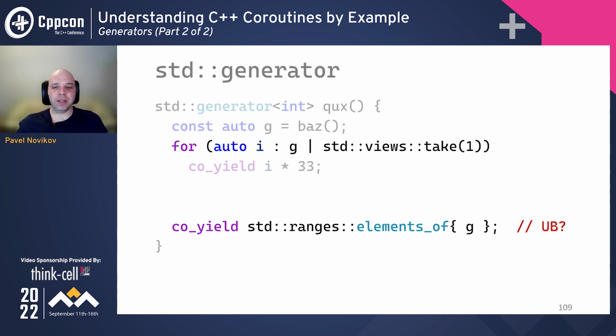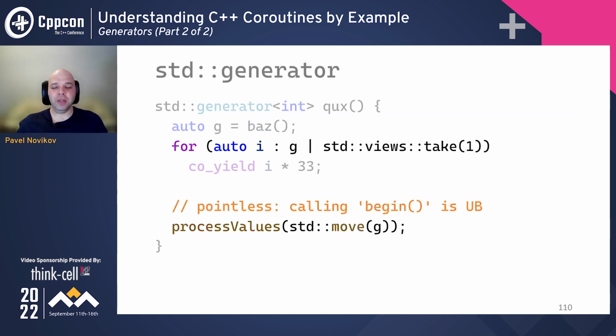And in this case, it is not clear from the specification whether this kind of code is undefined behavior, because in the range for loop we call begin, but after that we don't call begin, but yield the whole generator using elements_of. Is this undefined behavior? I don't know. It depends on the implementation, I guess.